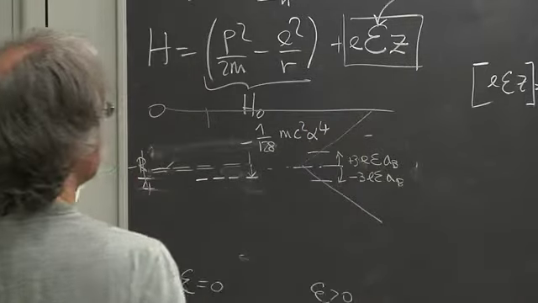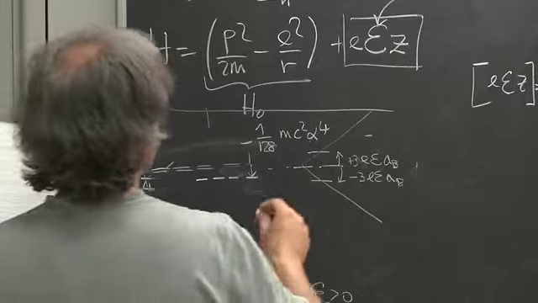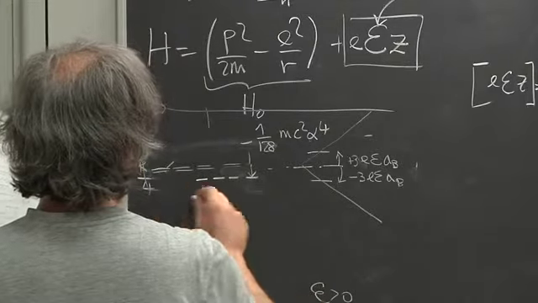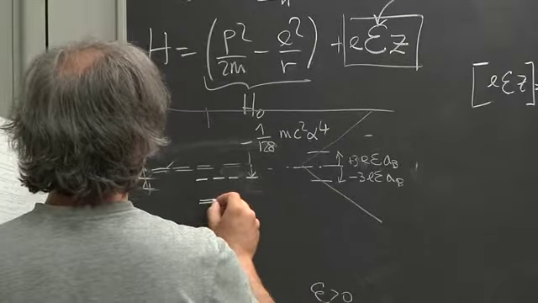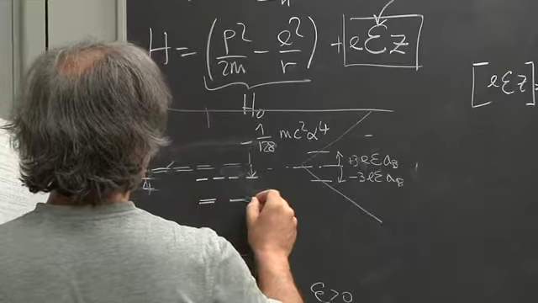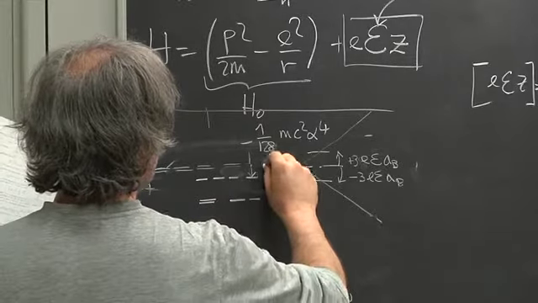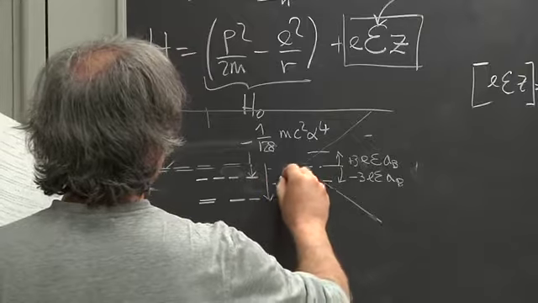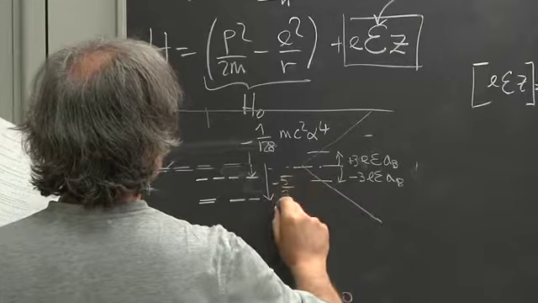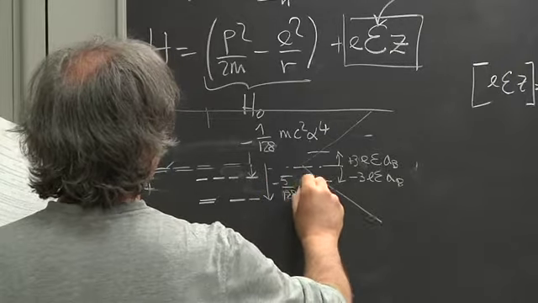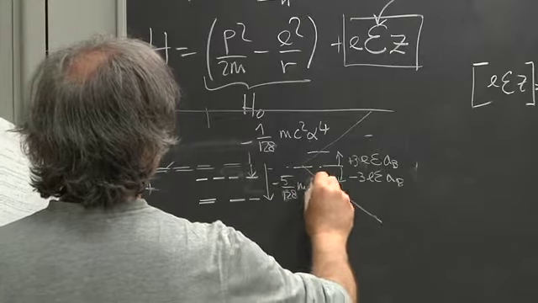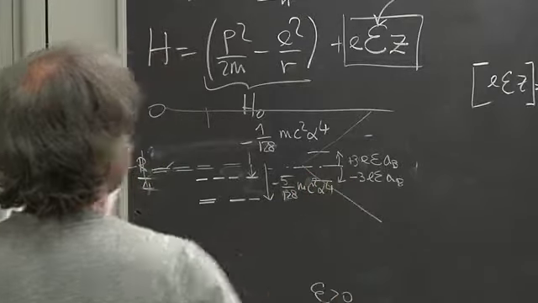Alpha is the fine structure constant. And then there are 4 other states like this, which go down by minus 5 over 128 mc square alpha to the 4th.